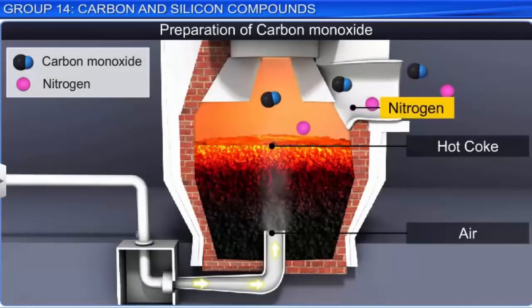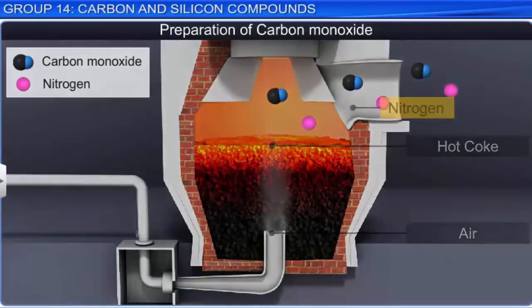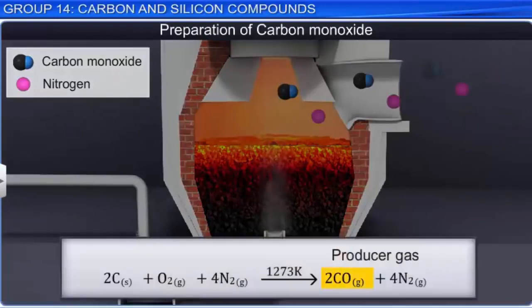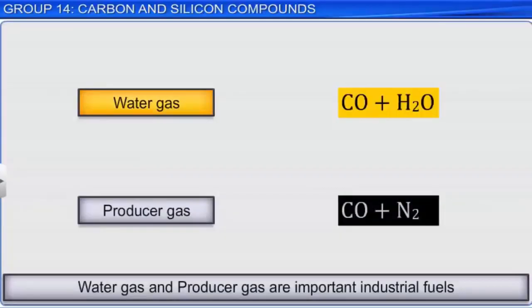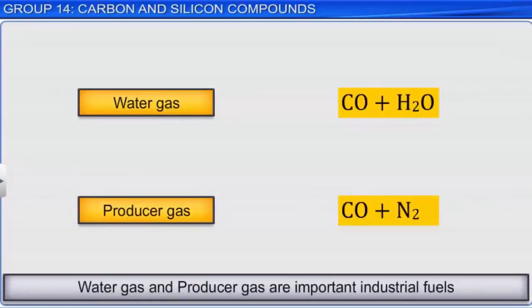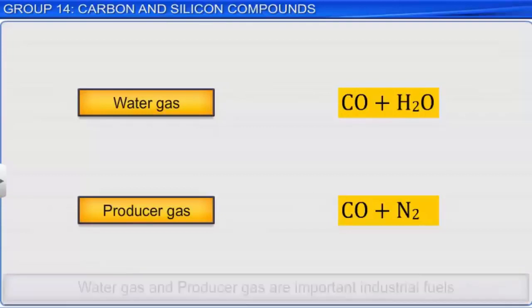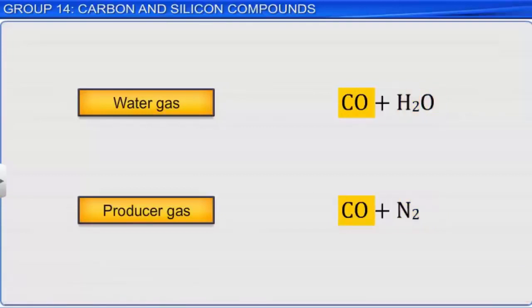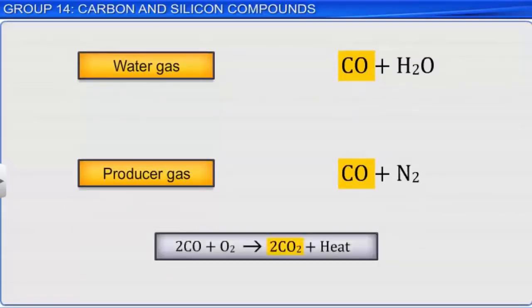The resulting mixture of carbon monoxide and nitrogen is called producer gas. Water gas and producer gas are important industrial fuels. The carbon monoxide in these mixtures can undergo further combustion. This produces carbon dioxide and liberates a great amount of heat.